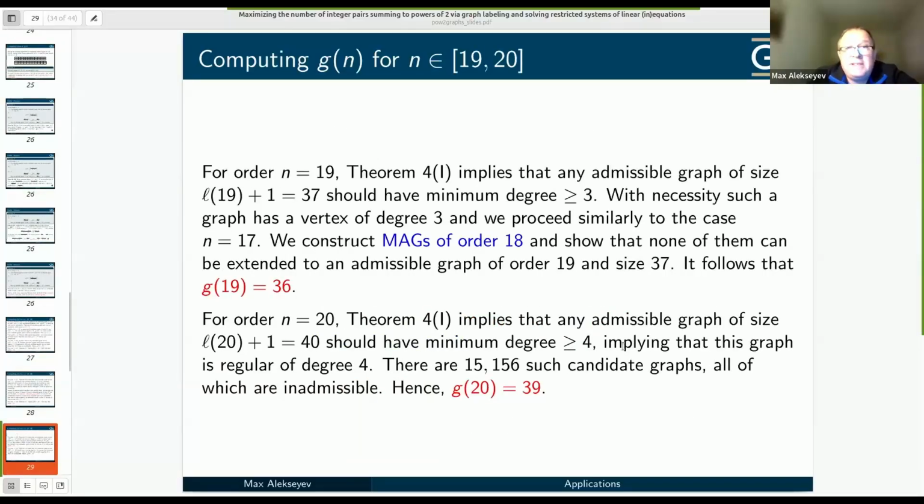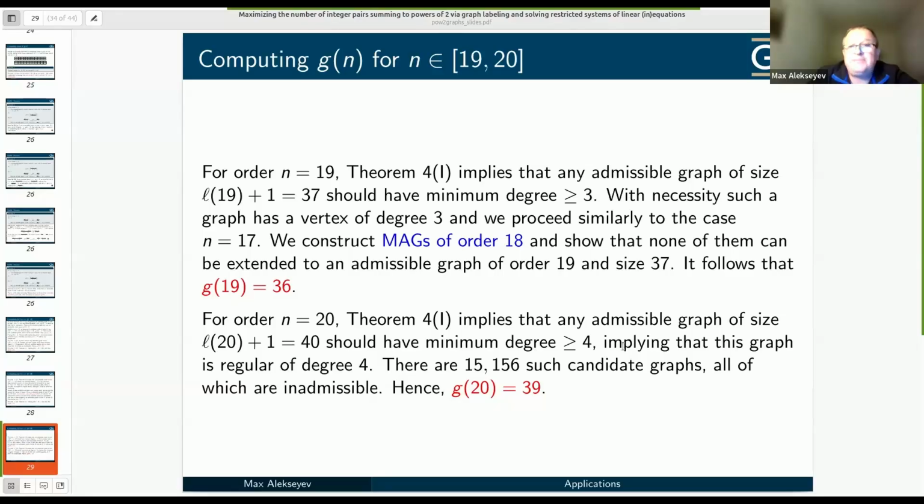Now, for 19, the approach is somewhat similar to 17. Again, we considered max graphs of order 18 and showed that you cannot add a vertex of degree 3 to get an admissible graph of order 19. And so g of 19 is 36.